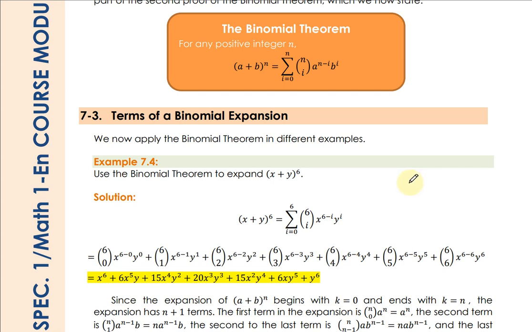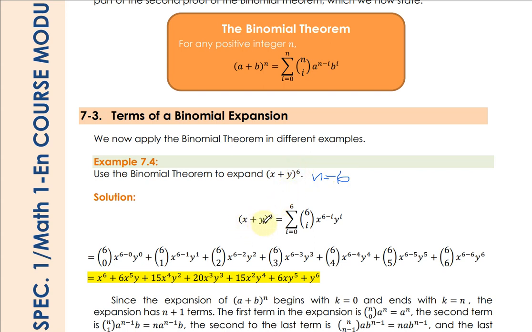So we are going to apply the binomial theorem in different examples. Example 7.4, use the binomial theorem to expand x plus y to the power of 6. So our n is equal to 6. Then we are asked to expand.